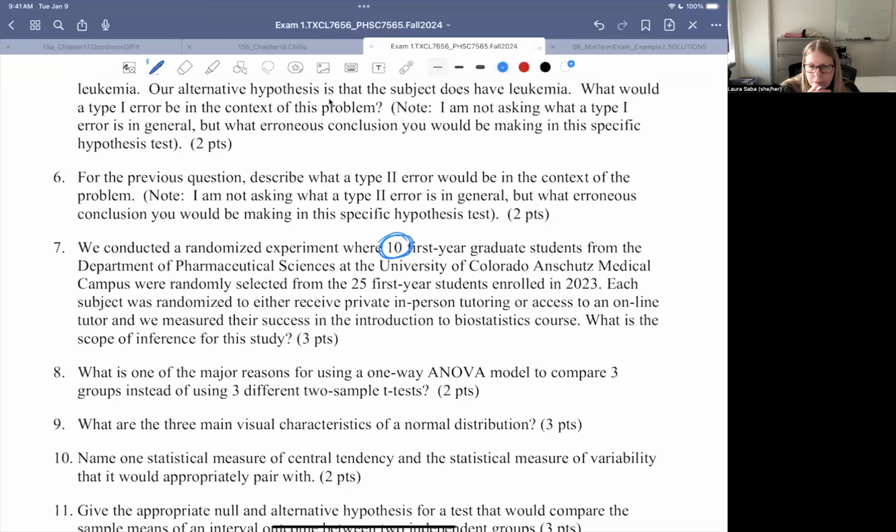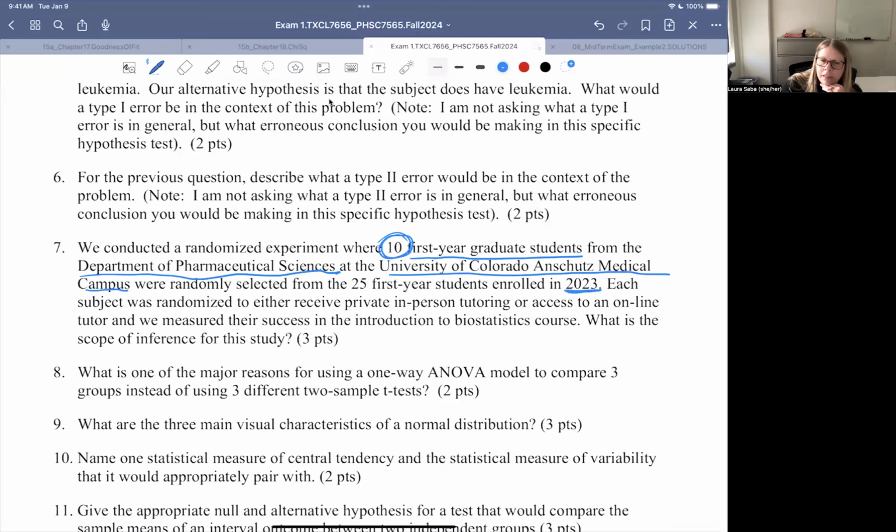that were essential here were first year grad students, Department of Pharmaceutical Sciences, University of Colorado Anschutz Medical Campus, and then enrolled in 2023. A couple of people missed the date. The exercise here is that we're trying to really think about how generalizable the results are from our experiment, so better understanding that population that our samples were drawn from.